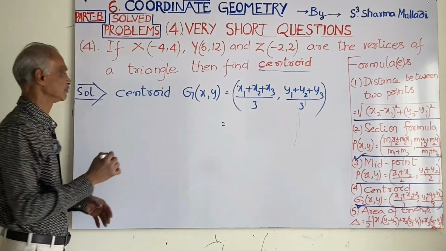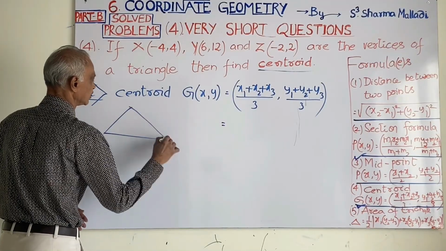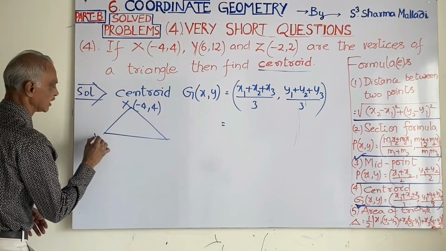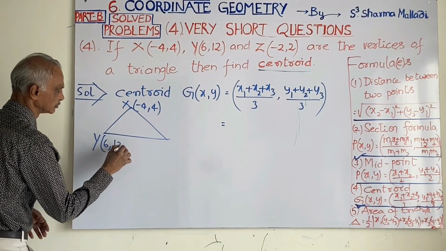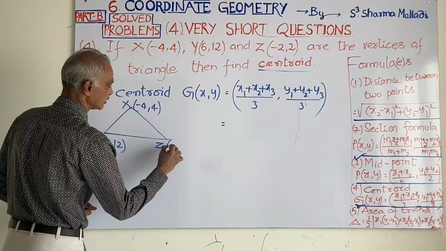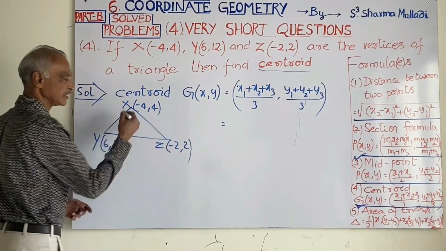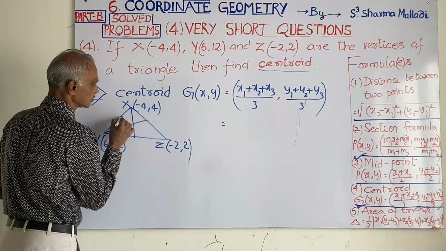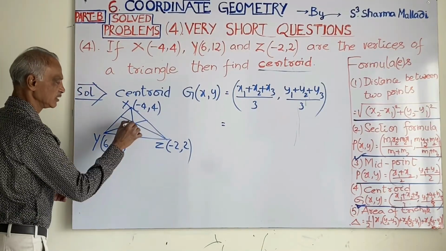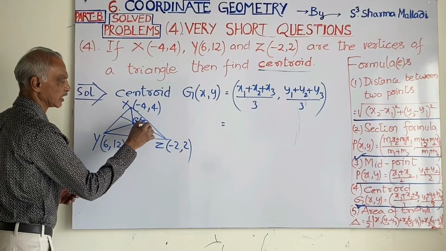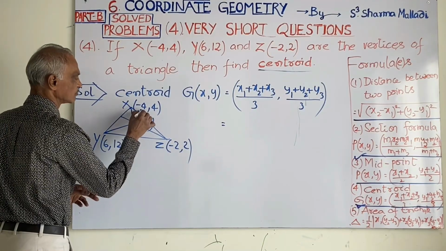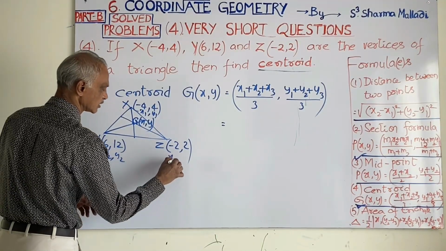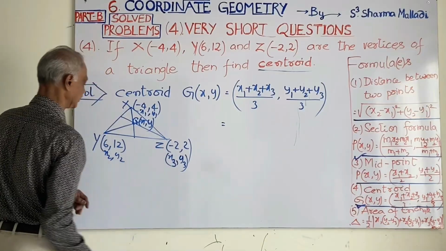Now, for the centroid, you take X(-4, 4), Y(6, 12) and Z(-2, 2). We have to find the centroid. Centroid means the intersecting point of medians. You have to find this point G(x, y). This is x1, y1, x2, y2, and x3, y3.